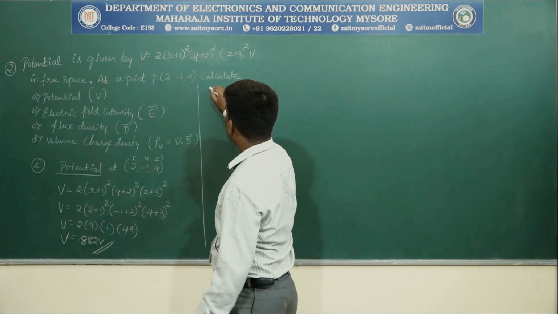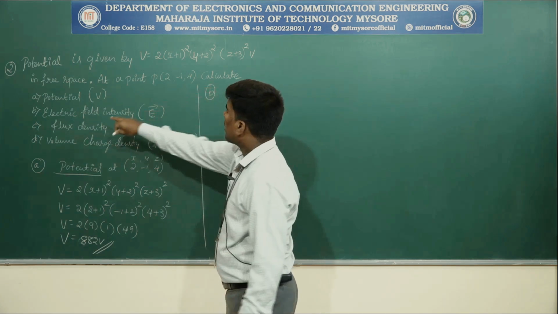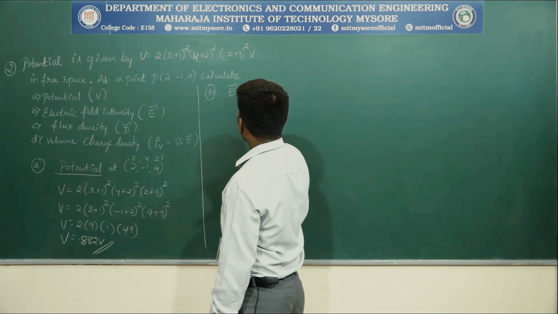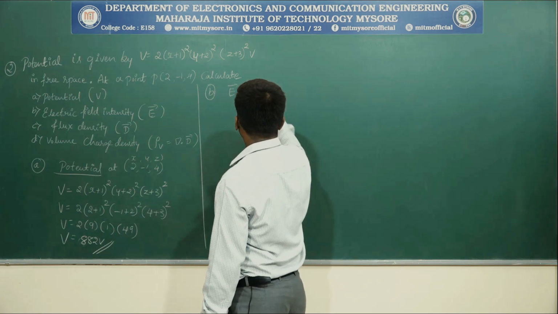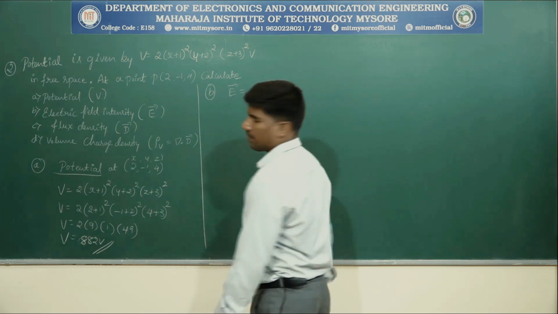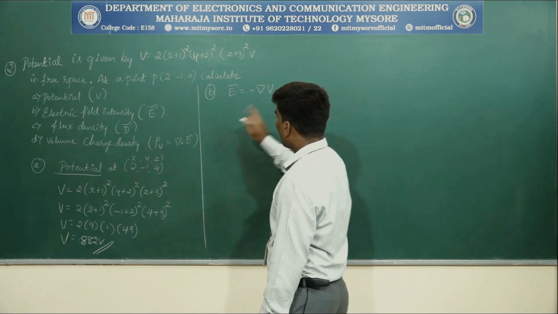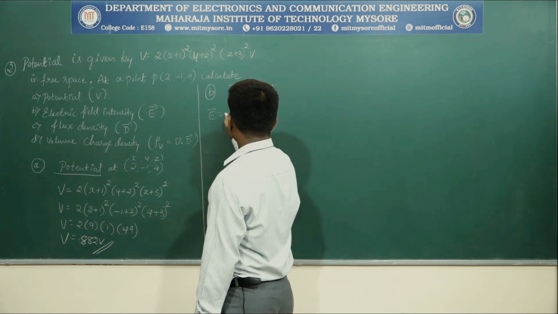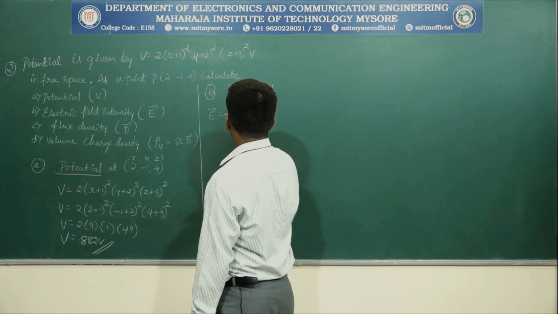Then coming to the second part, B, electric field intensity. We know the relationship between E and V, that is minus gradient of V. This is the relationship between E and V. Substitute this. E is equal to minus of gradient. What is that gradient?